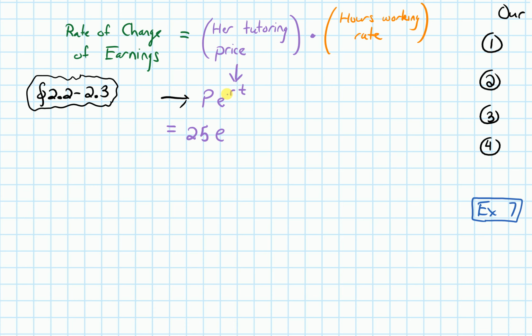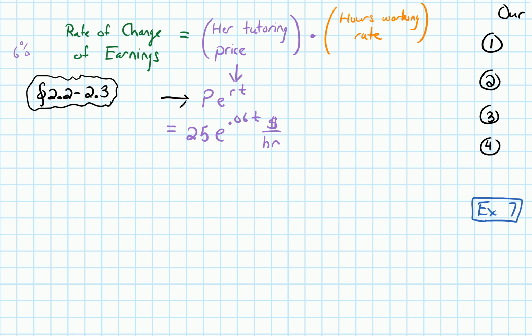So r, in this case, is the rate at which her price is increasing, which was 6%. 6%, if I write that as a decimal, it is 0.06. And I have to multiply that by t, because that t is there in the formula. And what are the units of this? This is in dollars per hour. She charges this many dollars per hour. And this is something that's changing over time. The more time that elapses, the higher this value gets.